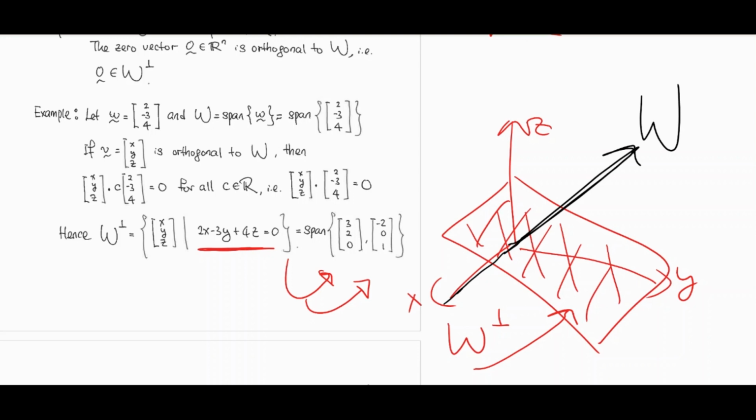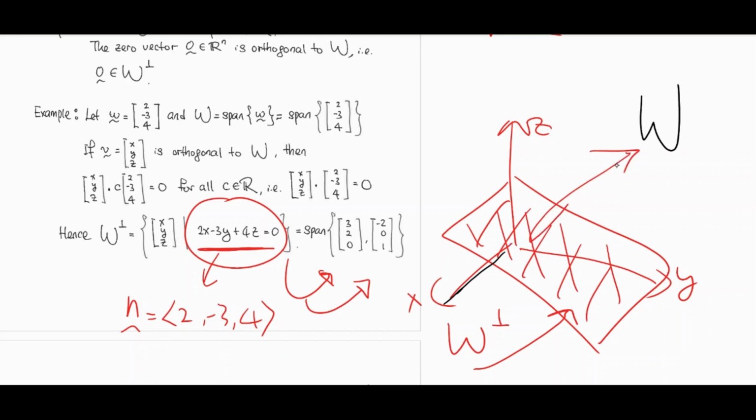Another thing you can relate to Calc 3 is that this plane equation has a normal vector, and that normal vector is (2, -3, 4). So it's no big surprise that this normal vector is one of the elements of W. They are orthogonal complements of each other. Does that make sense?